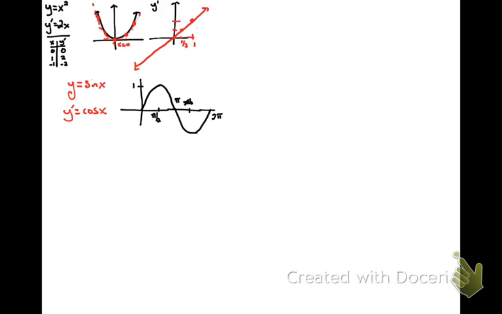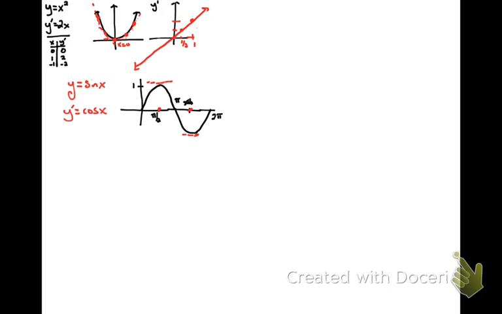Now if you've done that, what you ought to notice is that the horizontal tangents would occur here and here, which means the value of the derivative would be 0 at pi halves and 3 pi halves.